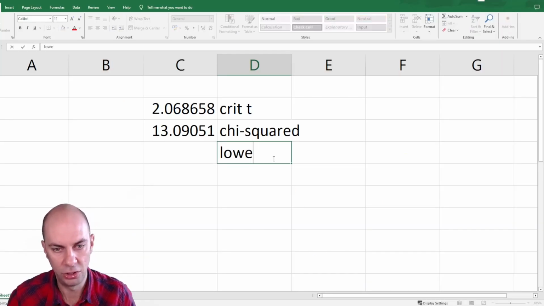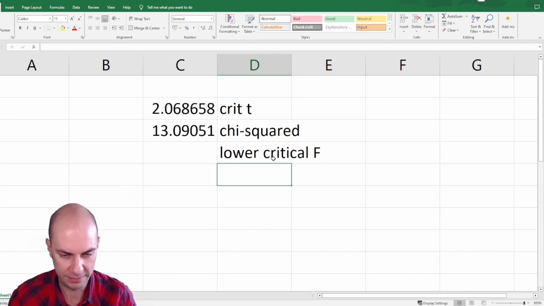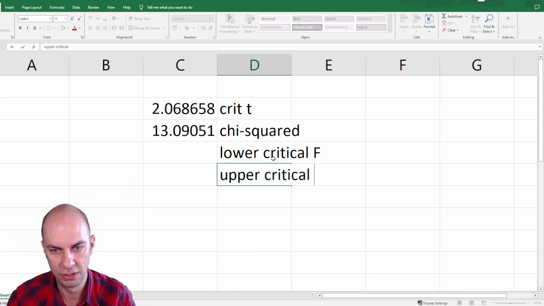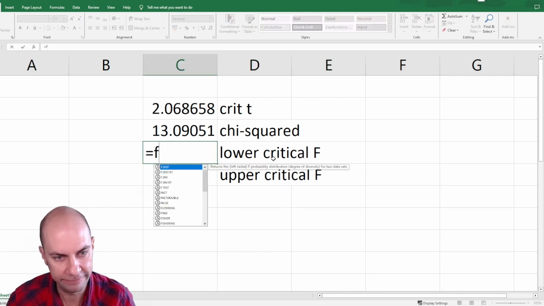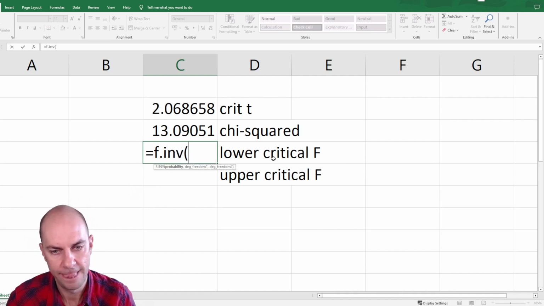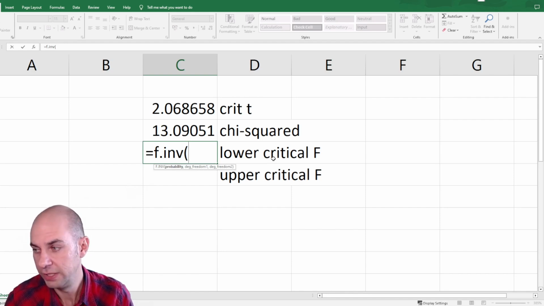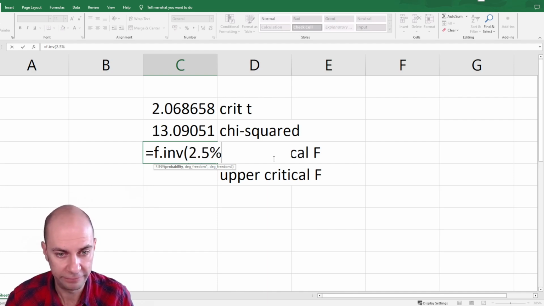My lower critical F is going to come from F.INV, and I'm doing it at the 5% level, which I'm going to have to divide by 2, so the rejection tail to the left will be 2.5%.